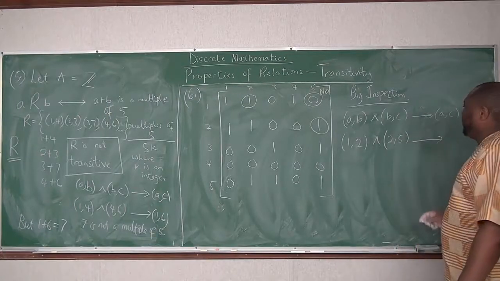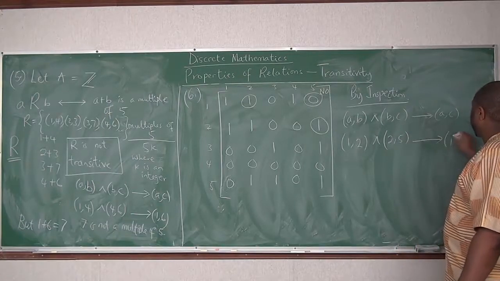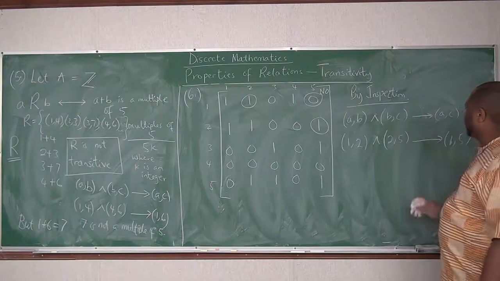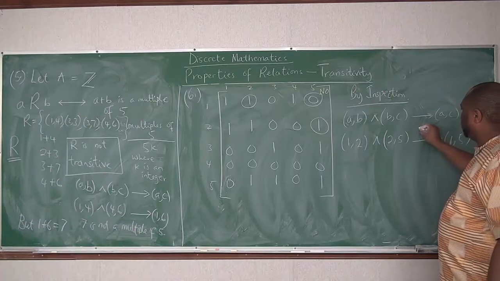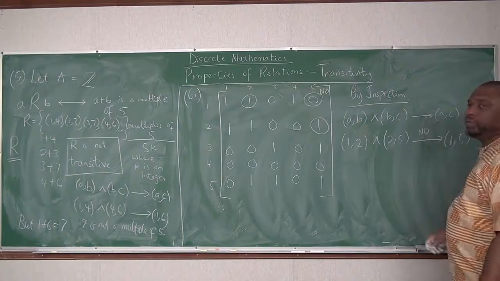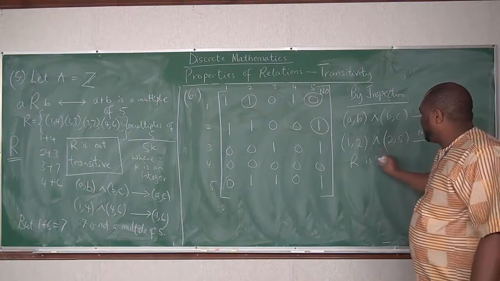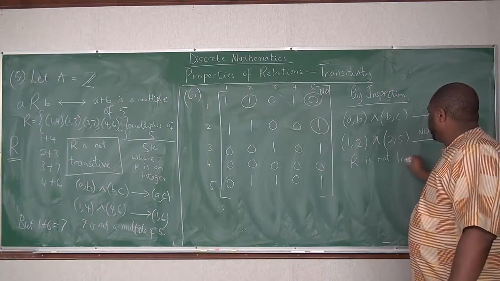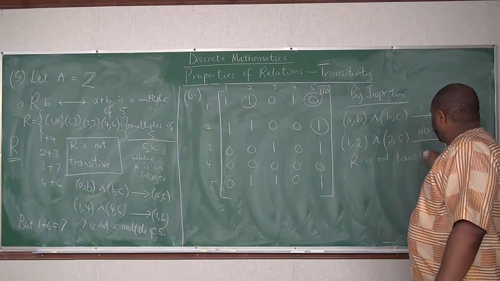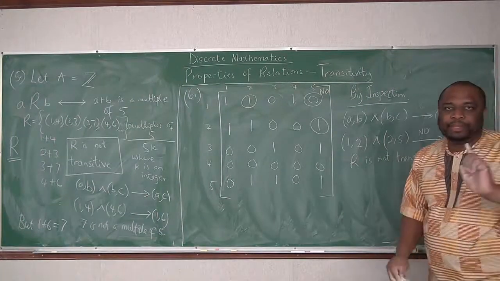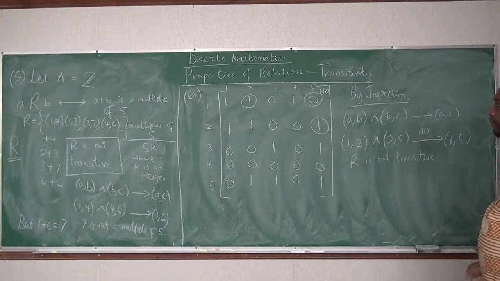So this should give you (1, 5). But as you can see, (1, 5) is not there. So no, it didn't give you this. Therefore, arrow is not transitive. If you can identify just one case, then it is not transitive.